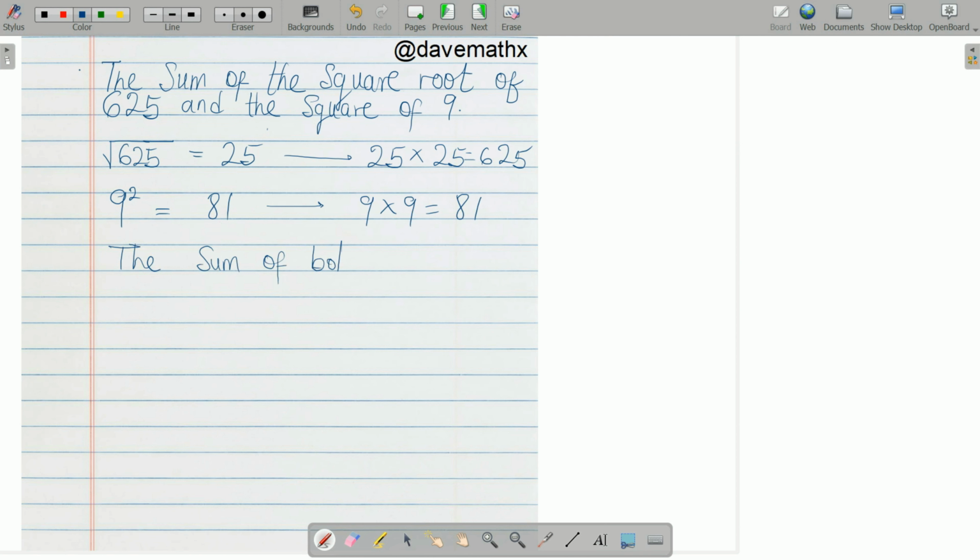Then we add up the square root of 625, which is 25, and the square of 9, which is 81. And that's 25 plus 81.